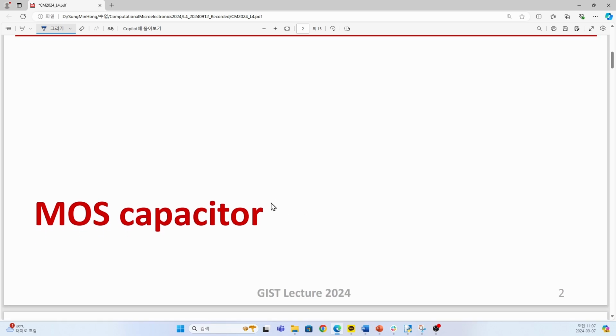Today's lecture content is MOS capacitor. So please try to remember our previous lectures. Lecture 1 was devoted to a simple instruction set. So we just saw how we can program a simple calculator.